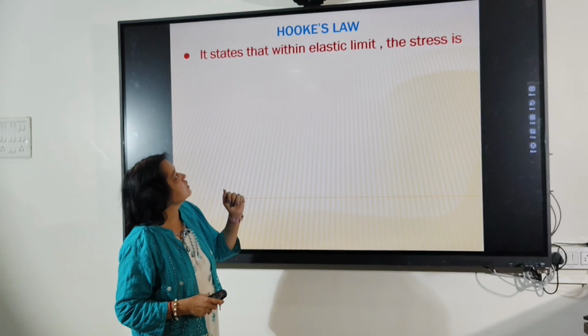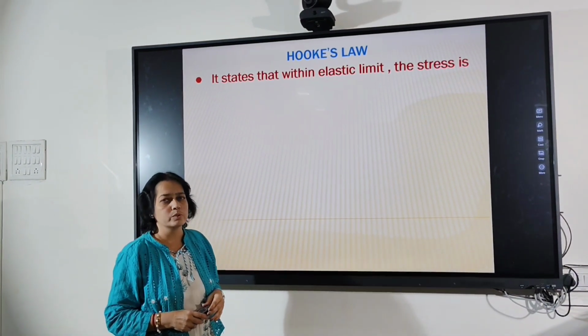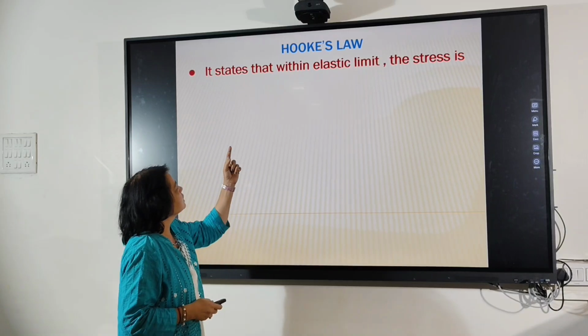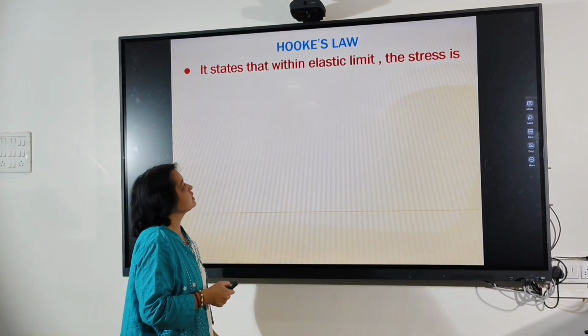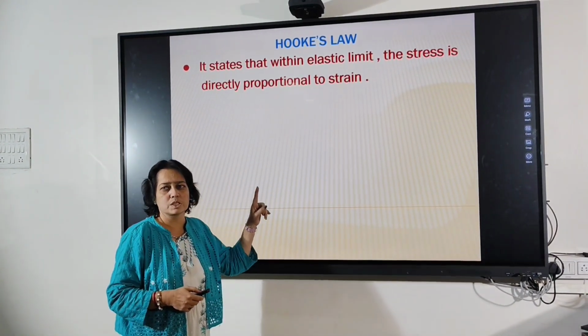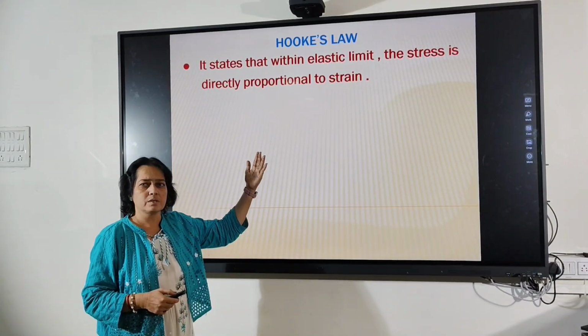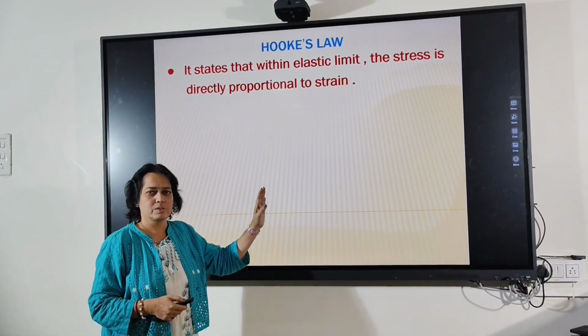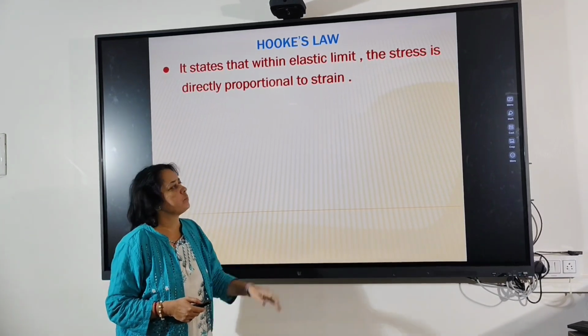So what is Hooke's law? It states that within the elastic limit the stress is directly proportional to strain.